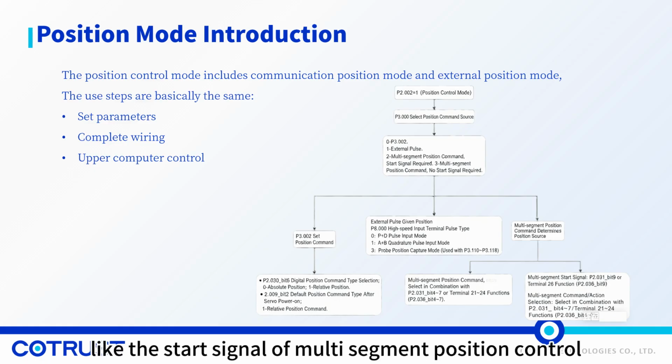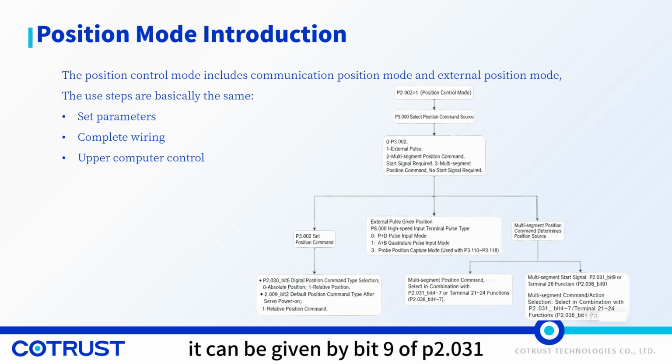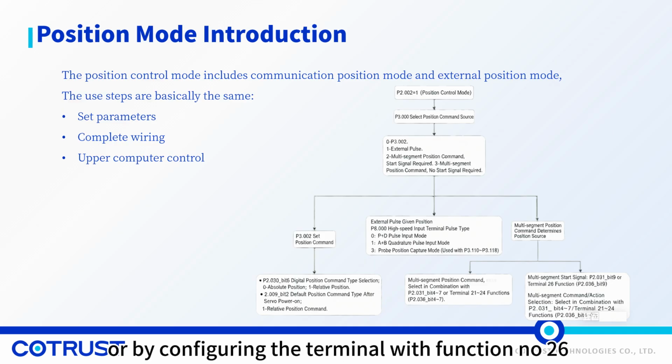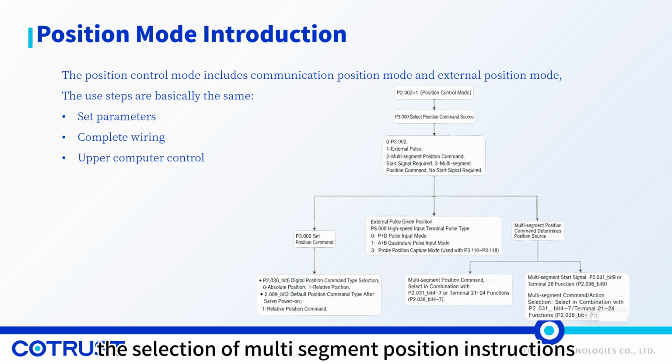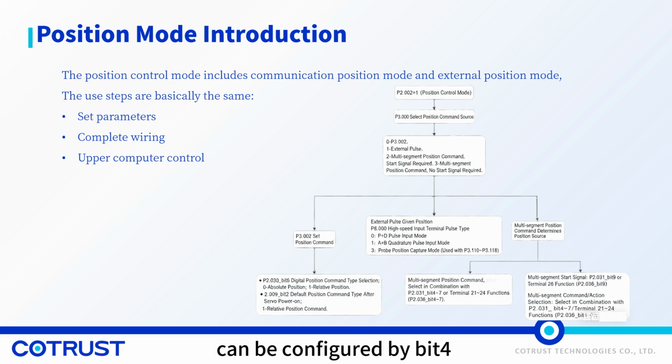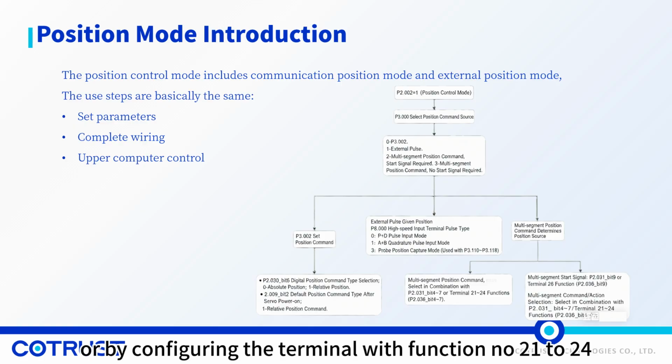The start signal of multi-segment position control can be given by bit 9 of P2.031, or by configuring the terminal with function number 26. The selection of multi-segment position instructions can be configured by bit 4 to bit 7 of P0.031, or by configuring the terminal with function numbers 1 to 4.